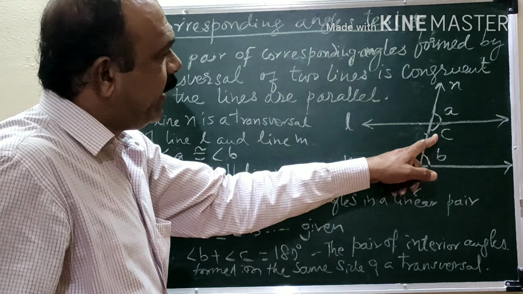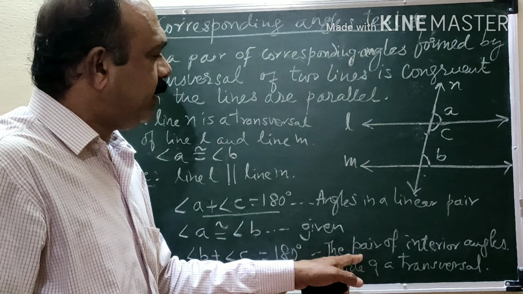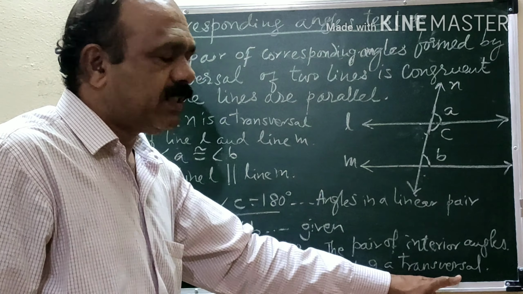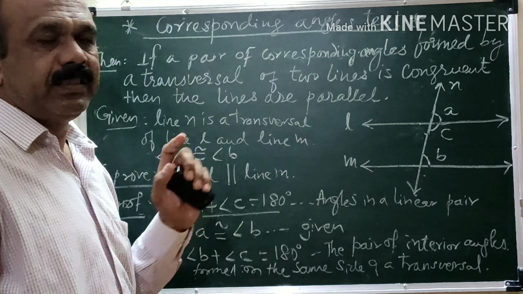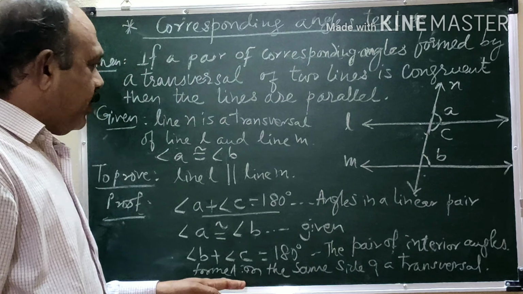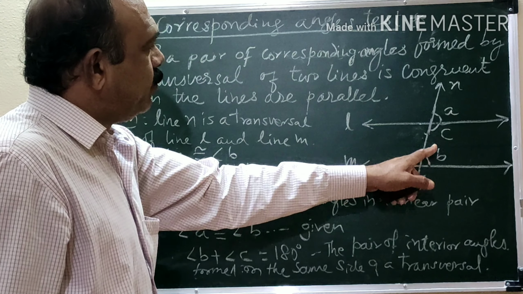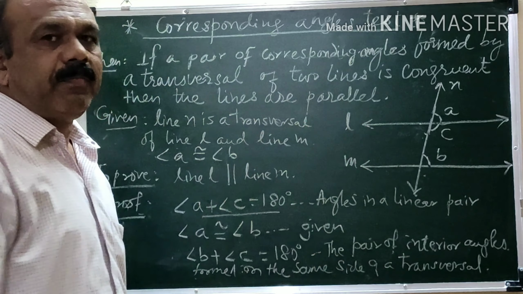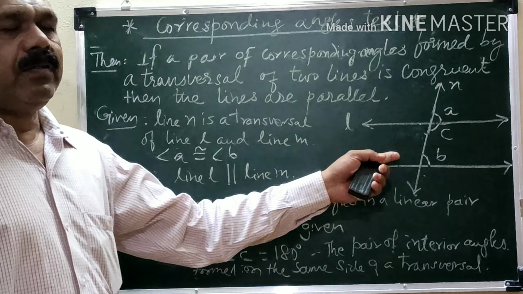So what are angle B and angle C? Again, this is a pair of interior angles formed on the same side of a transversal of these two lines. These two angles are interior angles, so therefore these two lines are parallel to each other. What is the reason?